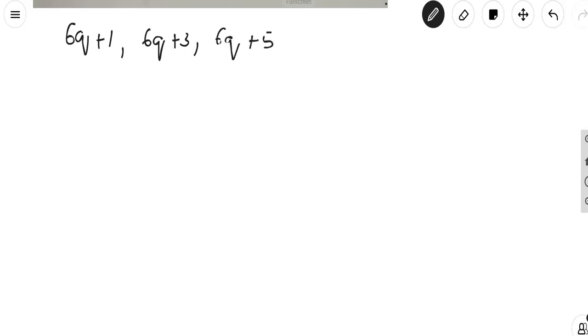What he has given you is 6q plus 1, 6q plus 3 and 6q plus 5. Now what you have to show here is that any positive odd integer is of this form.